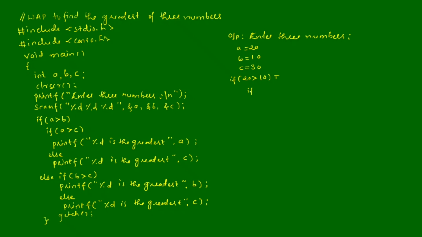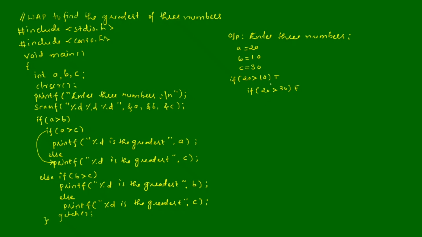So the next condition is if A is greater than C. A is 20, C is 30. So is 20 greater than 30? No, it is false. If this condition is false, then automatically control transfers to the else part and it is going to print the C value.